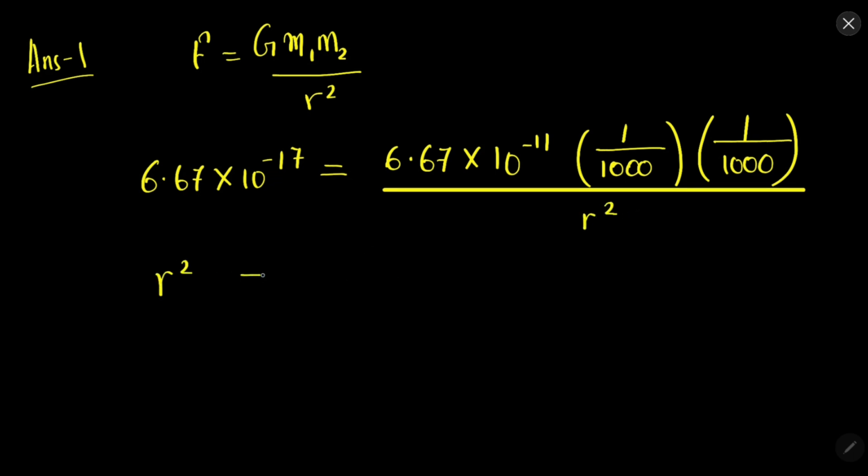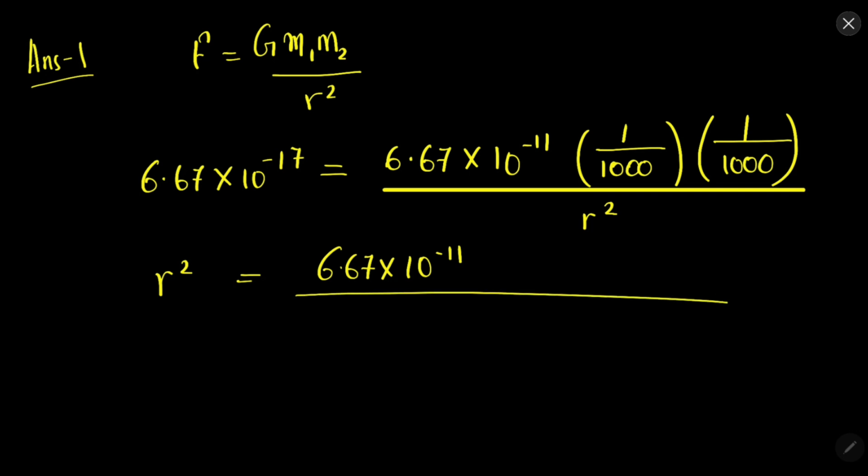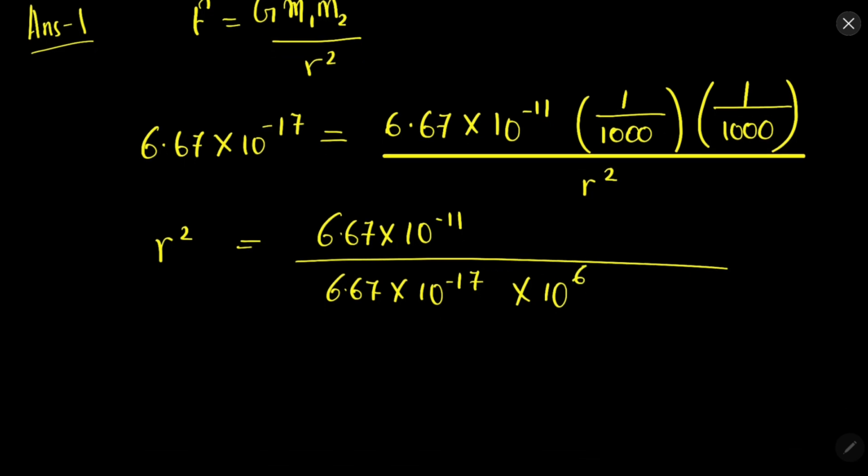So R square is equal to 6.67 into 10 to the power minus 11. This will come downstairs, 6.67 into 10 to the minus 17, and this 10 to the power 3 here and 10 to the power 3 here, so 10 to the power 6 will come downstairs.